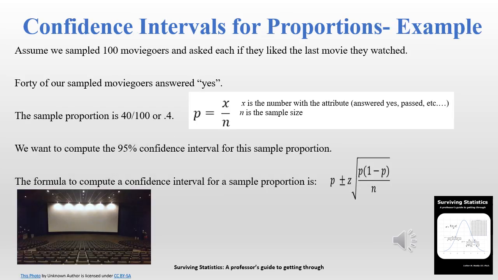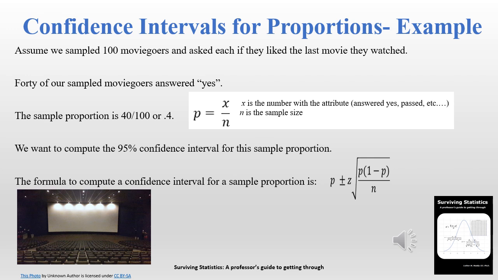So here's an example of computing a confidence interval for a proportion. Let's assume that we sampled 100 moviegoers and asked, did you like the last movie that you watched? 40 of those 100 answered yes. So our proportion would be 40 over 100, or 0.4.